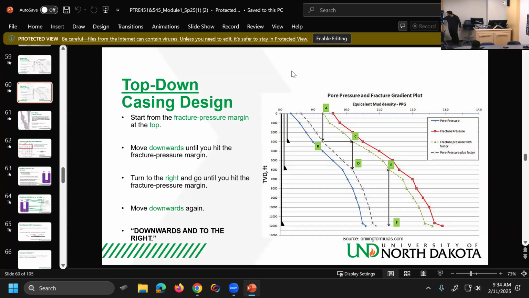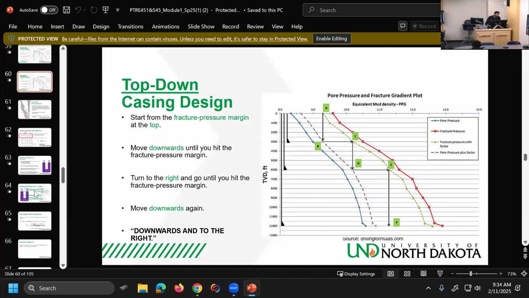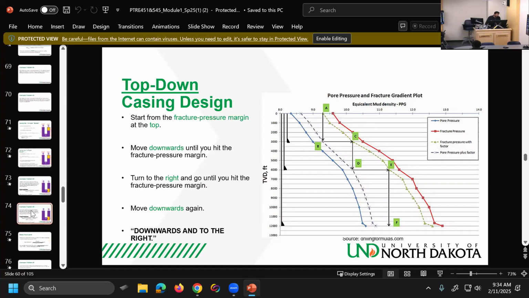If you are here, you don't have enough to hold the pressure of what you are drilling through, so you get a kick. If you are here, you have too much, and you fracture, you lose fluid, and then you end up here again because you lost fluid, less fluid in the well, and you get a kick. So both situations, if you don't do them right, will lead to a blowout.